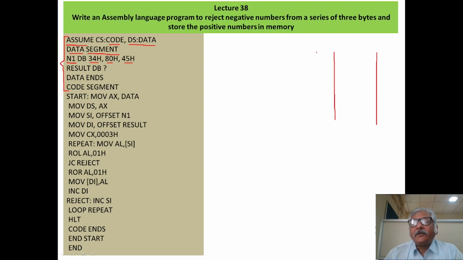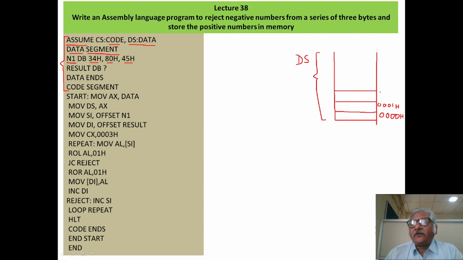This is the data segment. In the data segment, this is the location whose offset is 0000H. This is the location whose offset is 0001H.